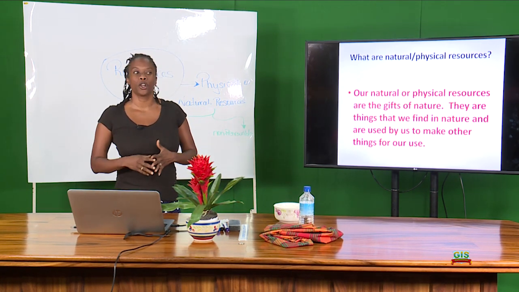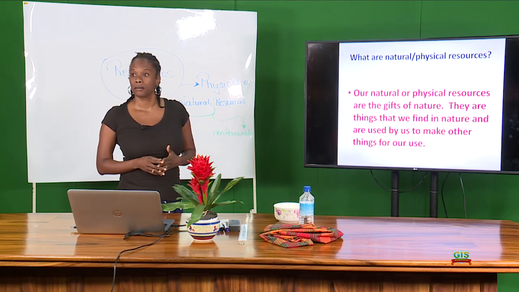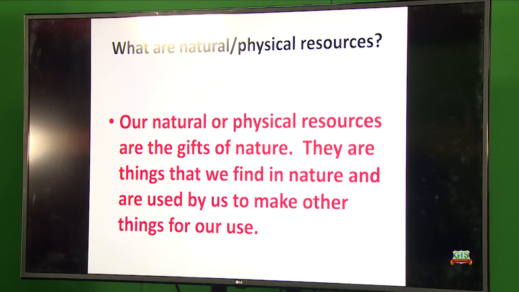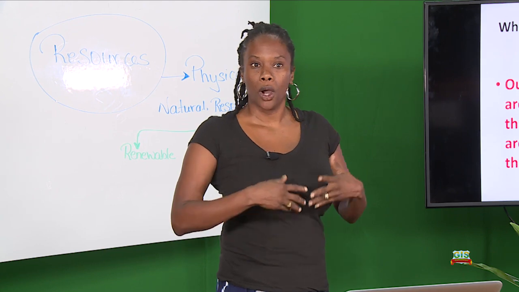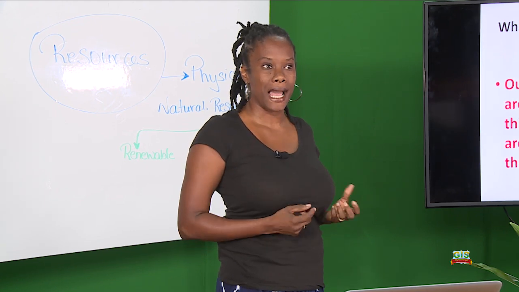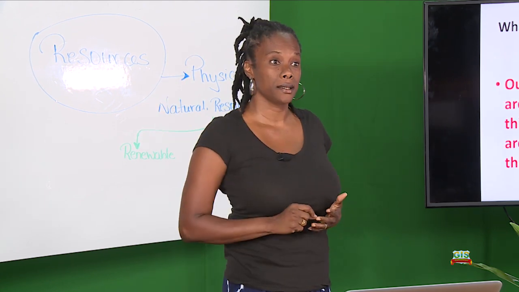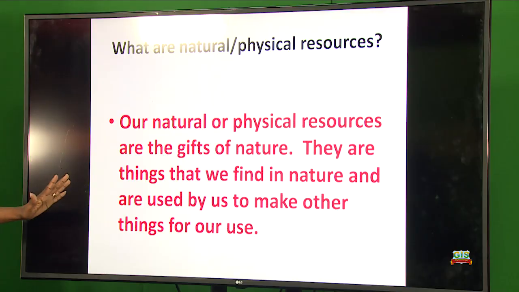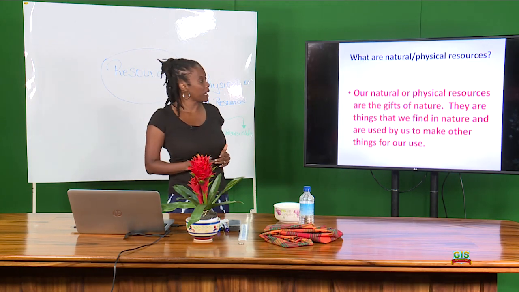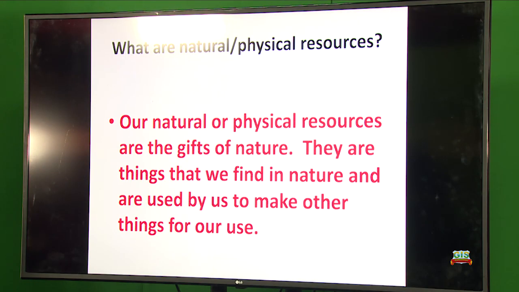So we find these things in our environment: our rivers, our lakes, gold, petroleum, water, sand, sunlight, wind. We use these things. We did not put these things there. They were given to us by nature, and we use these things from our environment in making things for our use.